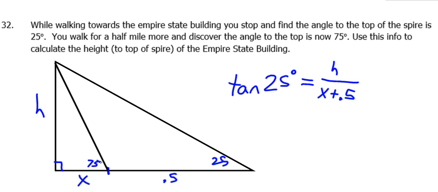Then with the 75-degree angle, it's still opposite and adjacent, so that's another tangent. Opposite, h, over adjacent, x.